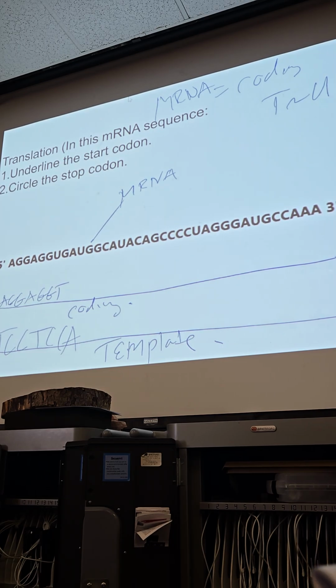Carries the amino acid. Yeah, and the FMET, I believe, is the specific one for the start codon, the AUG. Yeah. But to bind with what? Carries the amino acid to bind with the start codon, the AUG.